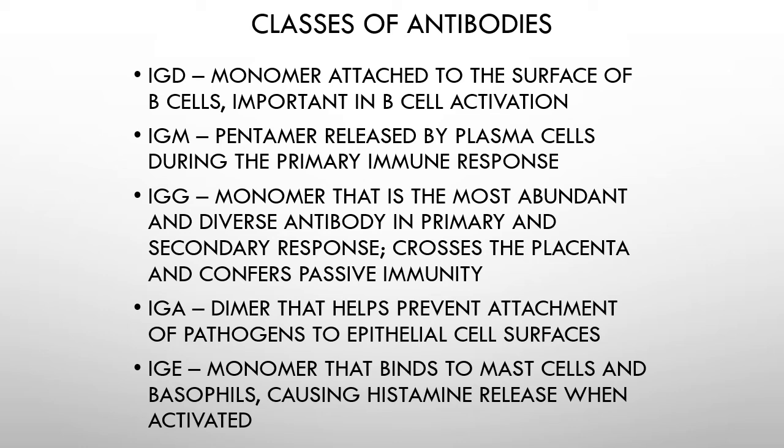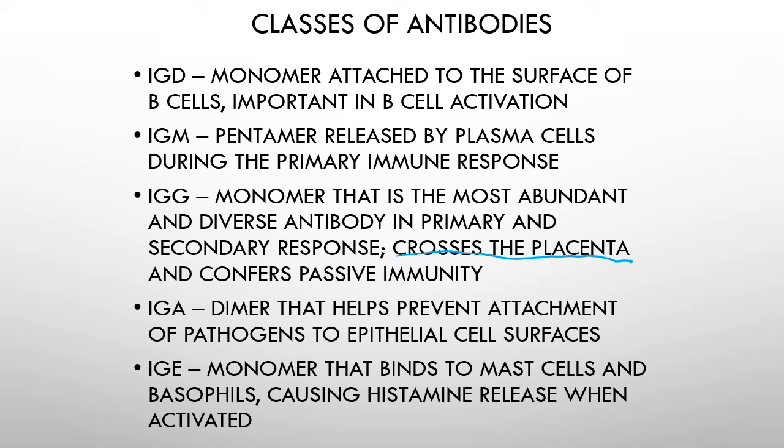IgGs are unique because they can cross the placenta. And so IgGs give a developing fetus some of the immunity from mom directly to the fetus itself. So they get a passive immunity coming in from mom because of those IgGs that are there. In addition, those IgGs are also going to be there in an important aspect of our first exposure to a disease, and then also our secondary response as well.